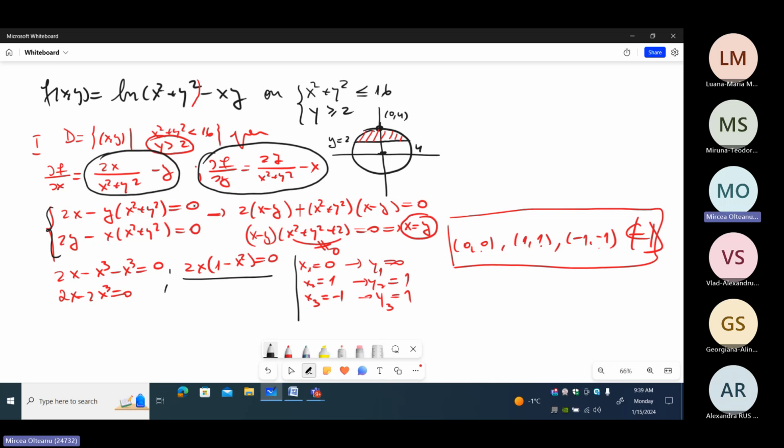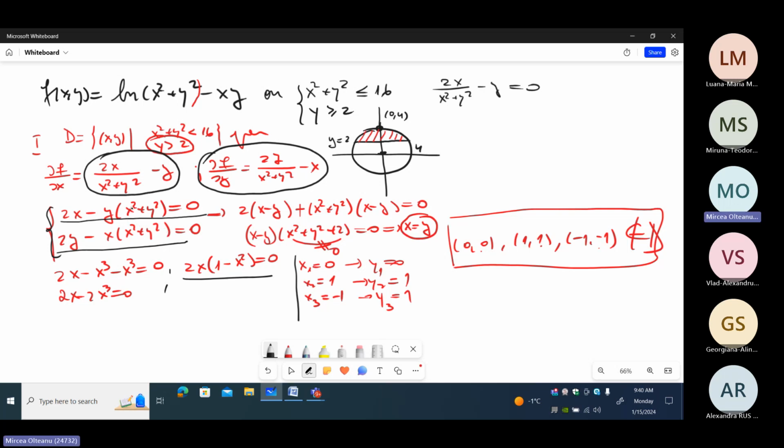Did you get the same? So the first equation, it is something like this. And if you eliminate the denominator, I think you get this one. And similarly, this one.